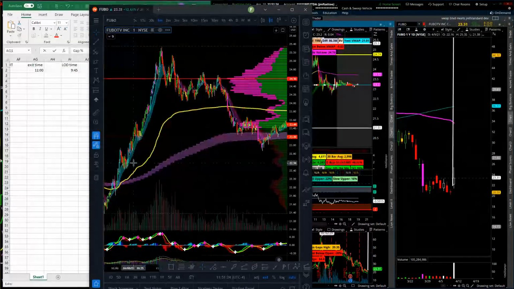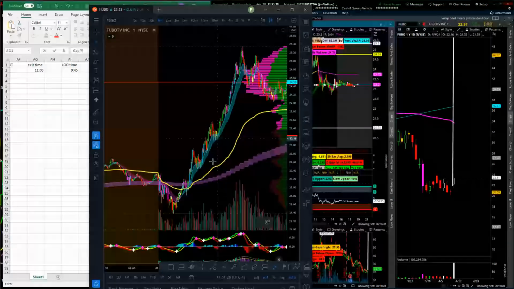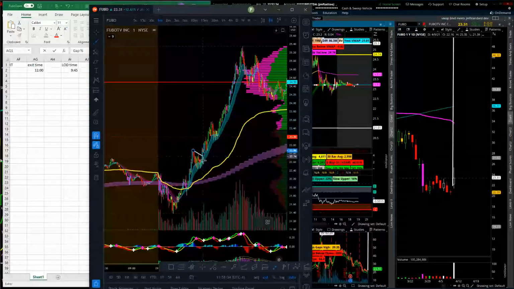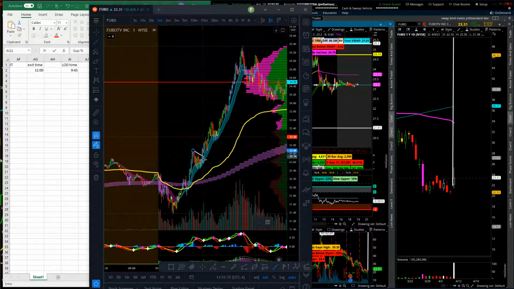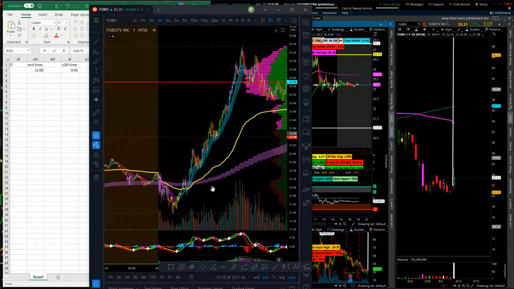If we just took that scalp right there from the break, oh my gosh, my magnet's on. The break right here at 22.68 up to the high, like 23.56. If you just took that move, that was like 92 cents.